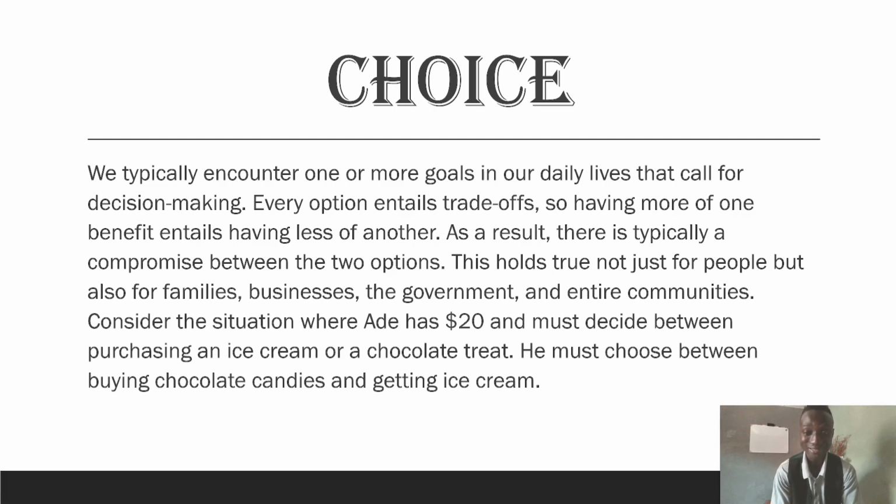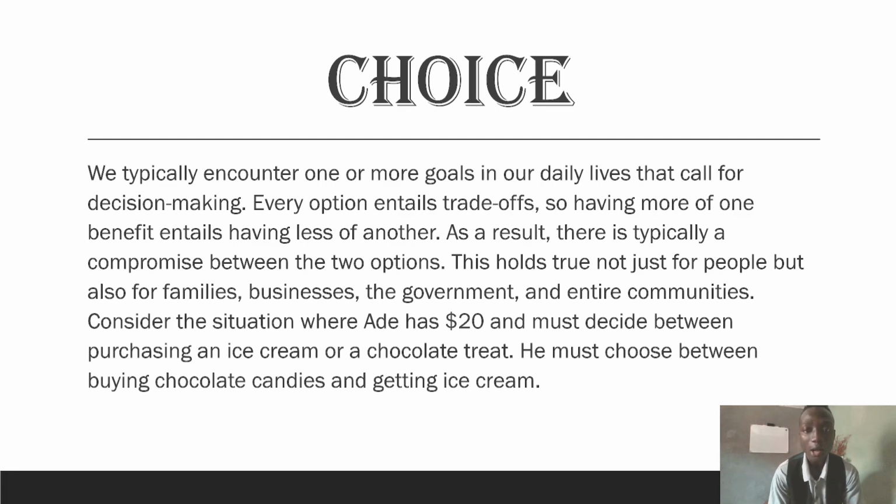Consider the situation where Ade has $20 and he must decide between purchasing an ice cream or a chocolate treat. He must choose between buying chocolate candies and getting ice cream. This is a very good example of choice.